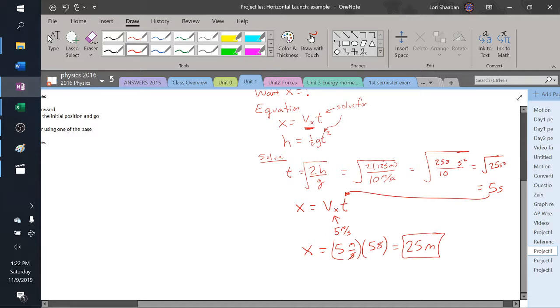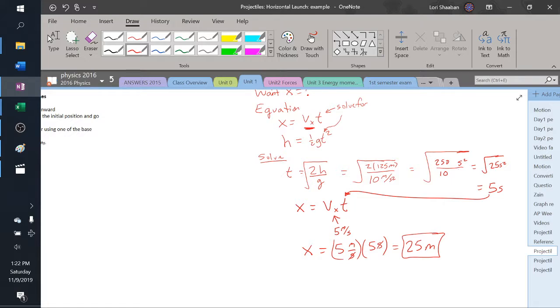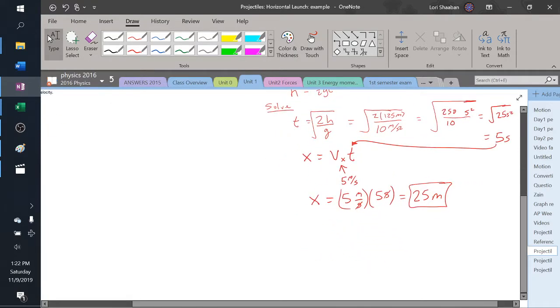Now, could we have a different scenario where, let's say, we did not know the initial velocity? Let's rewrite it.